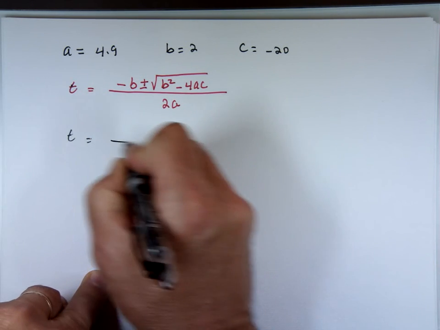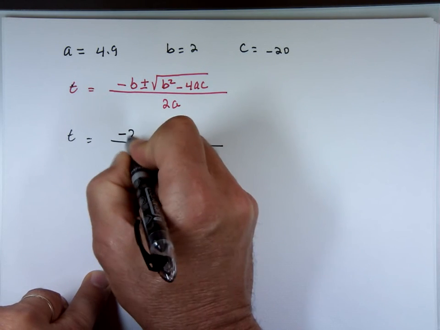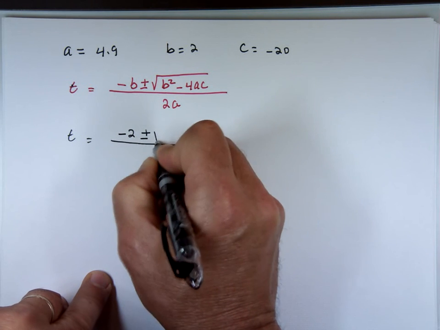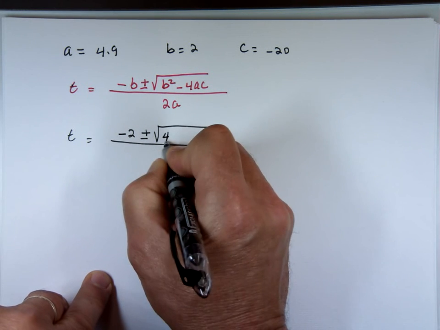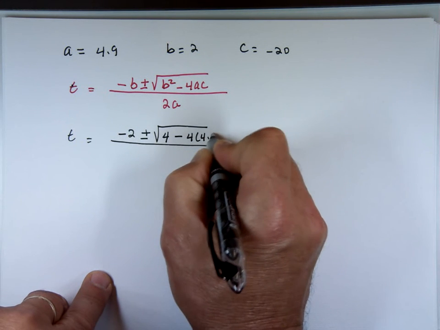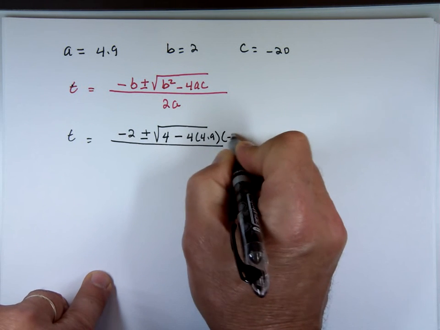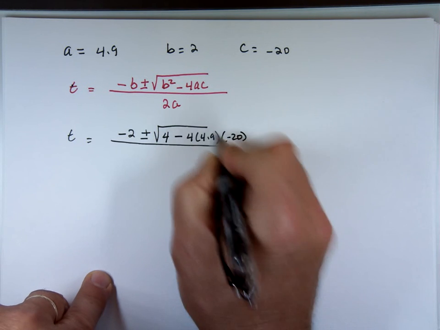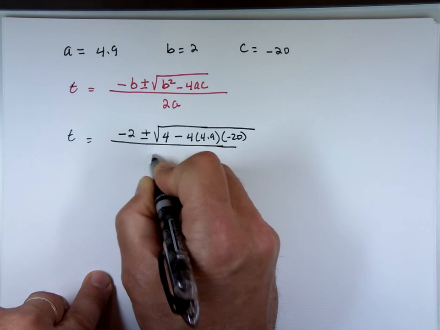Negative 2 plus or minus the square root of 2 squared, which is 4, minus 4 times 4.9 times negative 20, divided by 2 times 4.9.